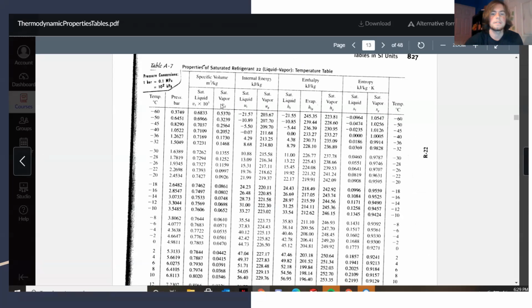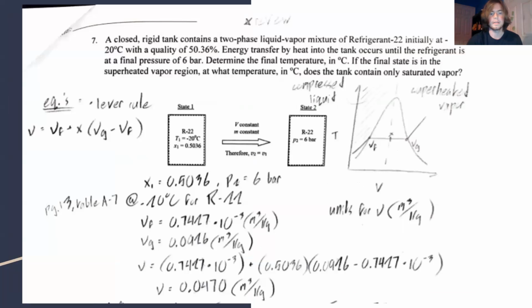If you're confused by why it's 10 to the negative 3, up here it says vf times 10 to the 3, so the values listed here are actually 1/1000th of what you see. You plug your values into the equation, and you get a specific volume of 0.0470 meters cubed per kilogram. What we're going to do with that value now is look at another table on page 17, table A9.